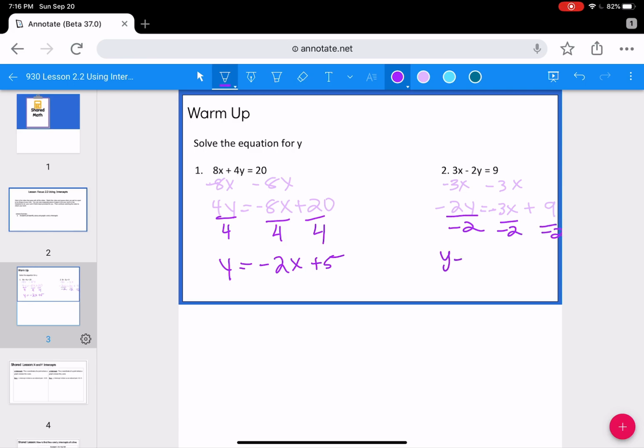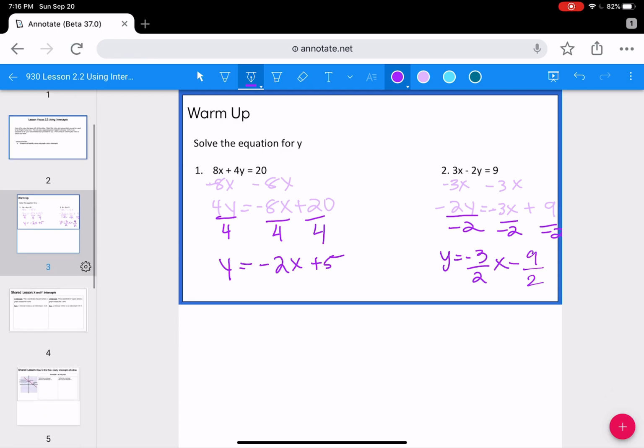And we get y is equal to negative 3 halves x, not plus. 9 divided by negative 2, that is a minus 9 halves. And that is all we need to do here, is solve for y.